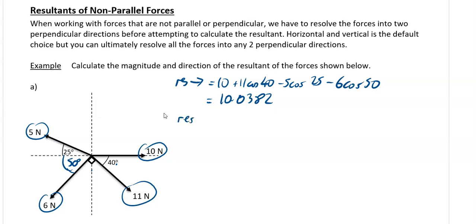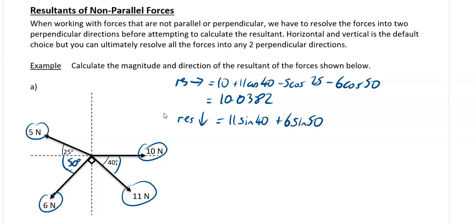What I'm also going to have to do, I'm going to guess that overall this thing's going downwards. We'll see, but I'm going to take downwards as positive. So going downwards, I have 11 sine 40 this time. It's sine because the angle is not here, so that's why you have to use sine. Also going downwards, I've got 6 sine 50.